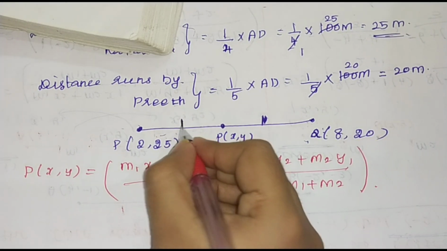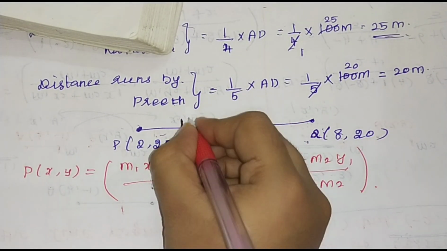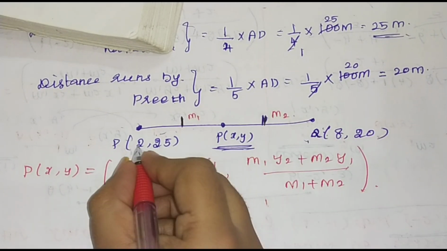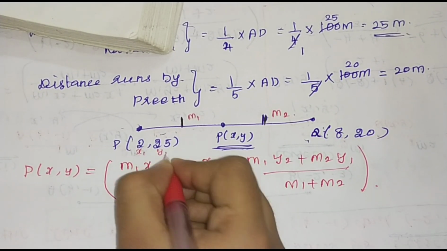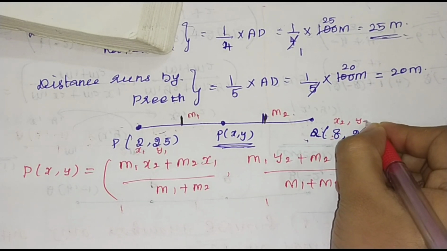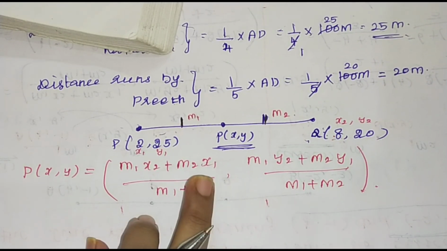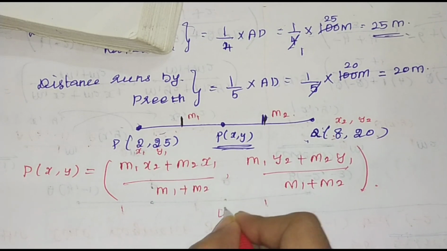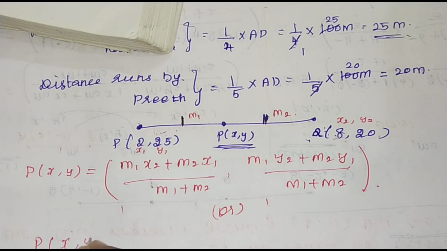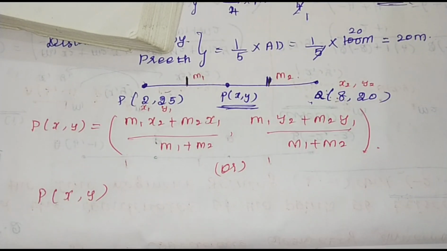Here the ratio is given as 1 and 1, so we can consider m1 and m2, this point as (x1, y1) and this point as (x2, y2). We can use this formula, otherwise we can use the midpoint formula directly.